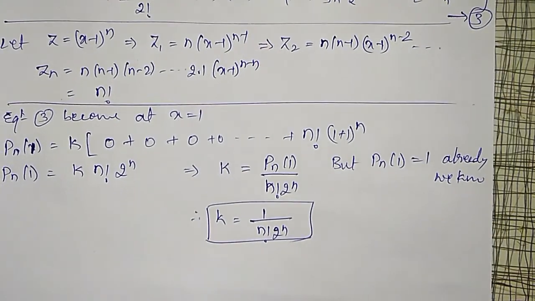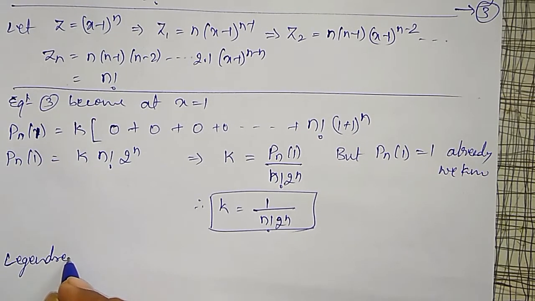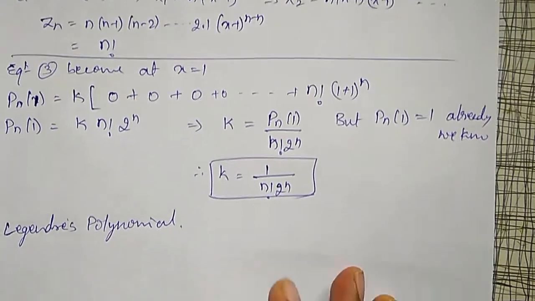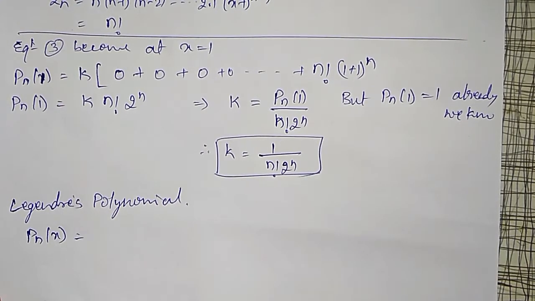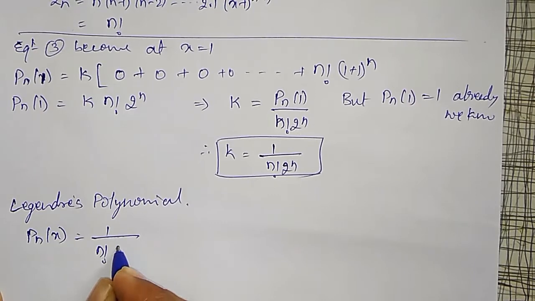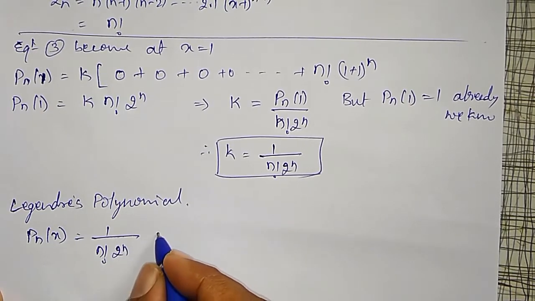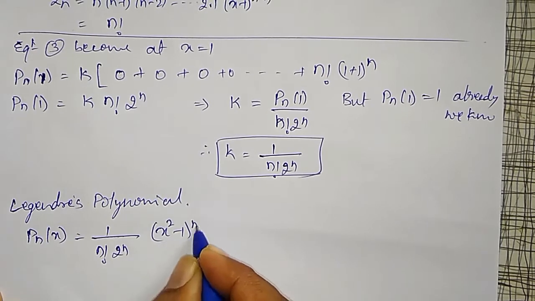Therefore Pn of x, the Legendre polynomial, is equal to k, which is 1 divided by n factorial into 2 raised to n, into the nth derivative of (x square minus 1) raised to n.